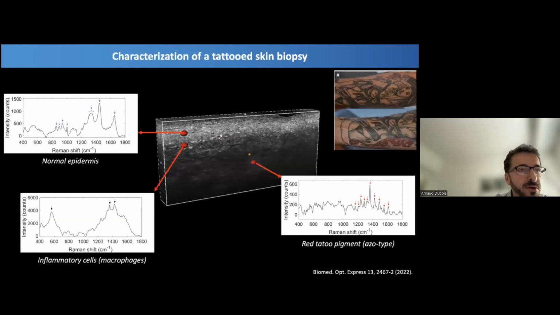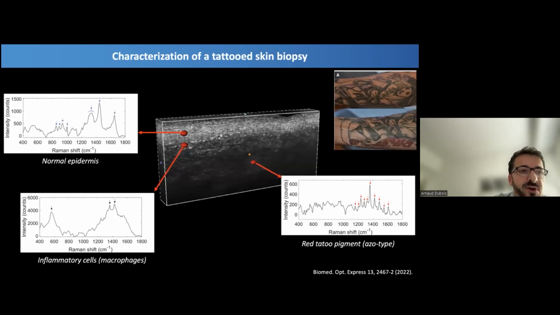Briefly, Raman spectroscopy here was applied to a tattoo. A biopsy of a tattoo was analyzed, and the combination of LC-OCT and Raman spectroscopy provided complementary information on the tattoo: 3D location of the pigment, pigment type, and pigment density.